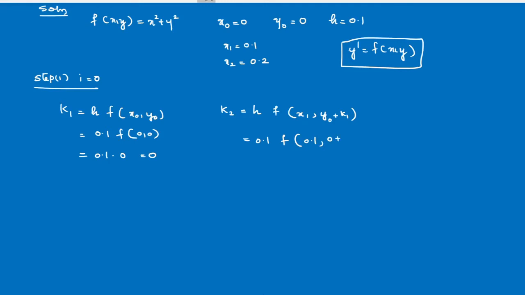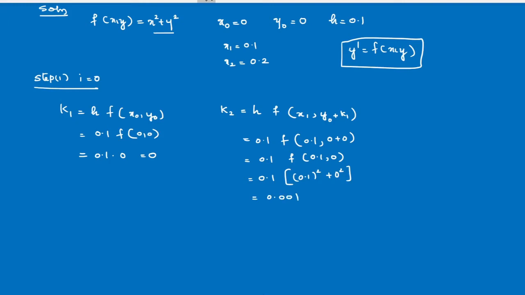What is k1 we have evaluated? It is also 0. So this is 0.1 into f of 0.1 comma 0. f of x, y is x square plus y square, so it is 0.1 square plus 0 square, and your answer will be equal to 0.001.